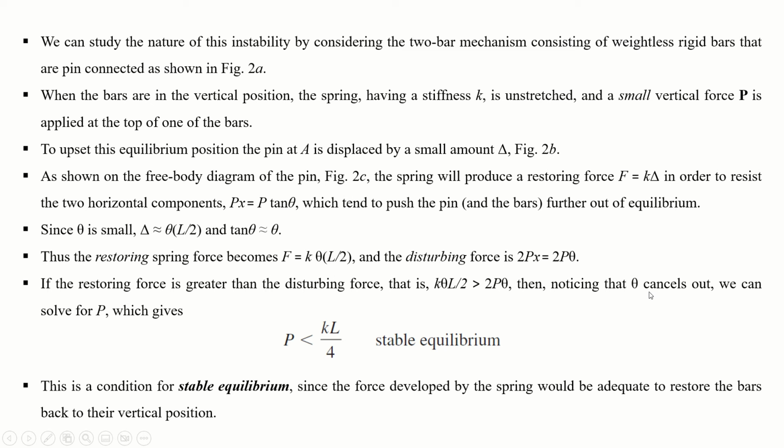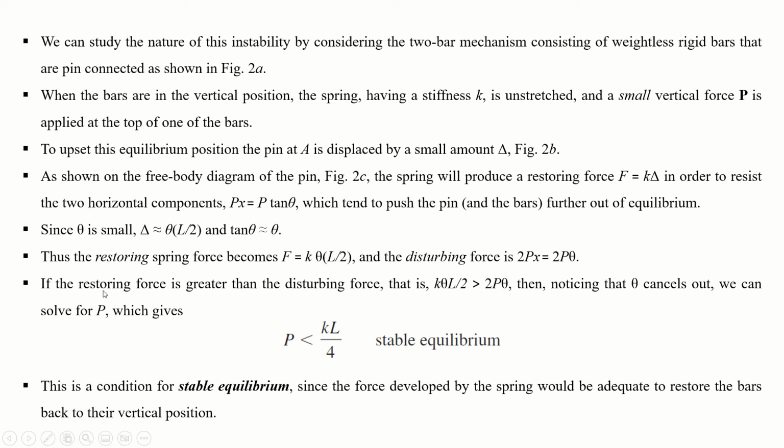Noticing that theta cancels out, and this 2 goes to the denominator, it becomes KL by 4, just like here. So P will be less than KL by 4. This was the condition when the restoring force was greater than the disturbing force. So this is the equation of stable equilibrium, and vice versa.